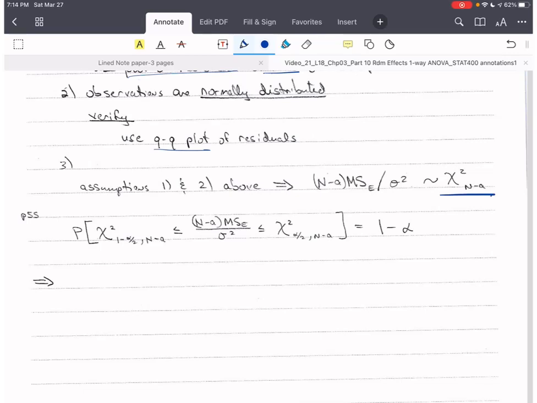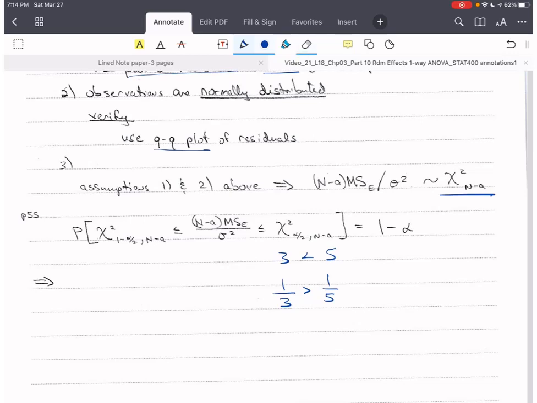Now remember, if I have 3 is less than 5, that's true, but 1 over 3 is going to be bigger than 1 over 5. If I divide by a smaller number, I get a bigger number. If I divide by a bigger number, I get a smaller number.